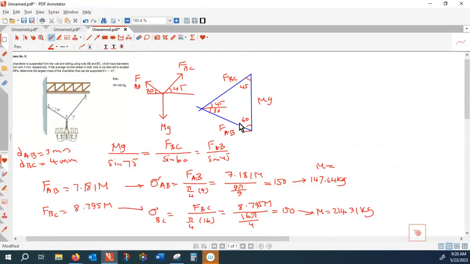So assuming that each cable has reached the limit of 150, you can find out what mass caused that limit. So inside BC, BC is stronger than AB. So the weaker point is AB. AB is going to break sooner. So you just account for that one.